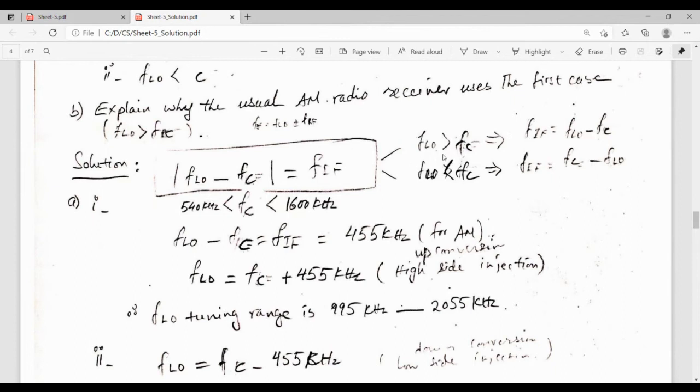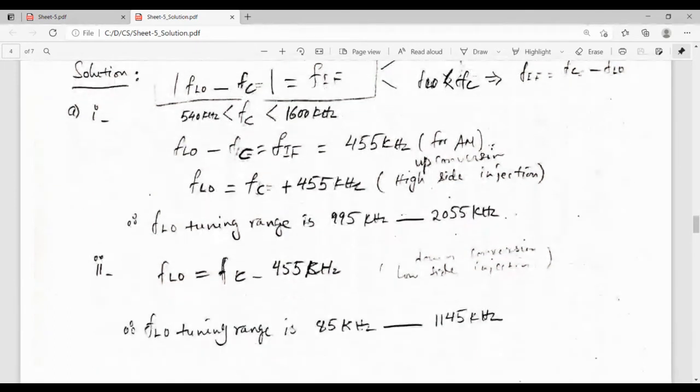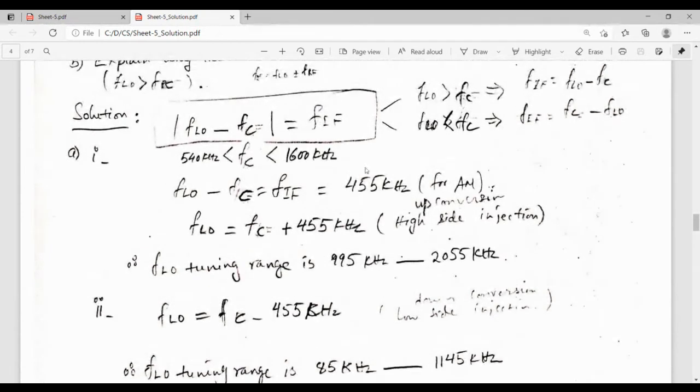When the local oscillator frequency is less than the carrier frequency, then the intermediate frequency equals FC minus FLO. These are the two conditions. We will apply both: FLO minus FC equals 455 for AM, so FLO equals FC plus 455.